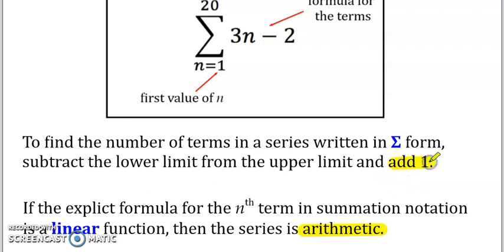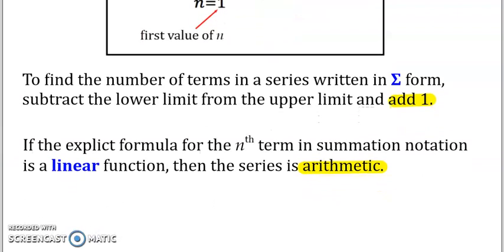Make sure you add 1. The reason why we have to add 1 is because that term is actually included. Okay, so since we're counting that first term, I can't just do 20 minus 1 and call it 19 because there's not 19 terms, there's 20 terms. So we'll have to do top number minus bottom and then add 1 because we are including that original term that we're counting.